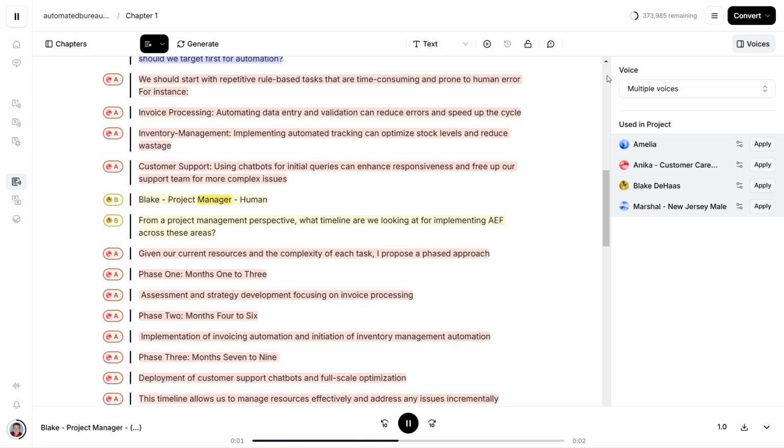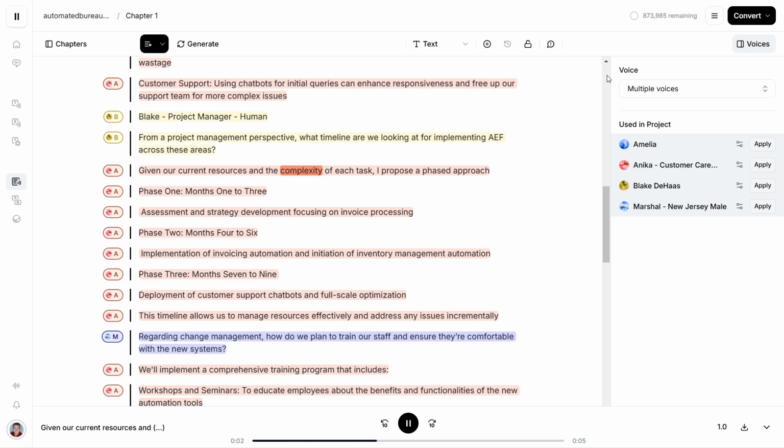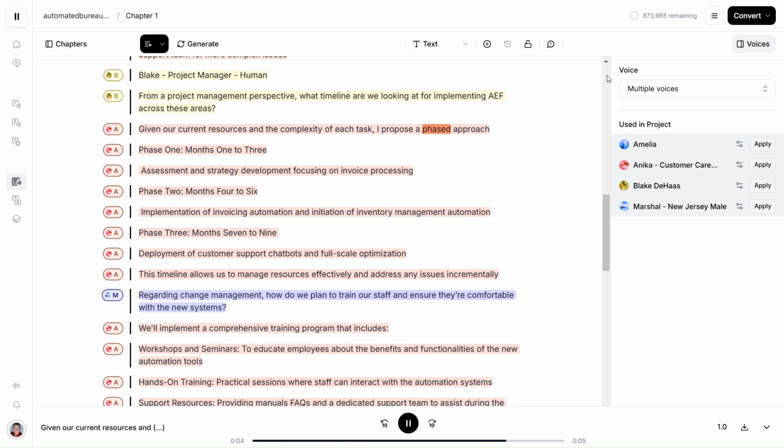Blake, Project Manager, Human. From a project management perspective, what timeline are we looking at for implementing AEF across these areas? Given our current resources and the complexity of each task, I propose a phased approach. Phase 1, months 1 to 3: Assessment and strategy development focusing on invoice processing.